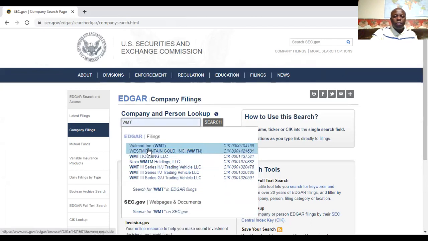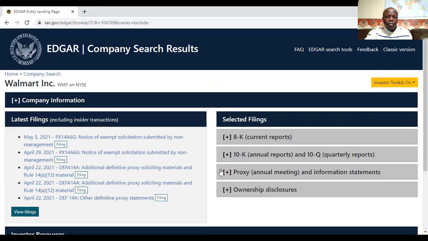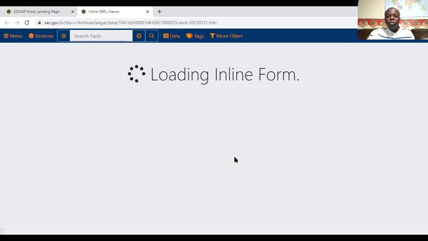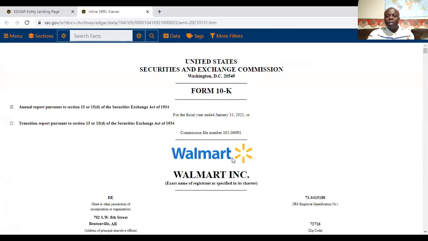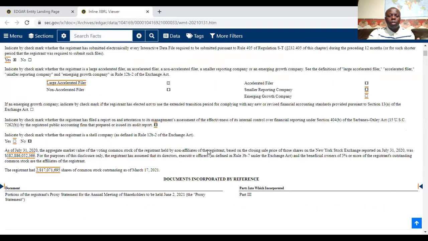You can see right here, Incorporated, and you click on it, and then it opens up. Now, usually the financial statements come under the 10-K annual reports. Click on it, and then the annual report ending January 31, 2021. So those reports will now open up. Once they open, you can download them and use them for whatever you want.